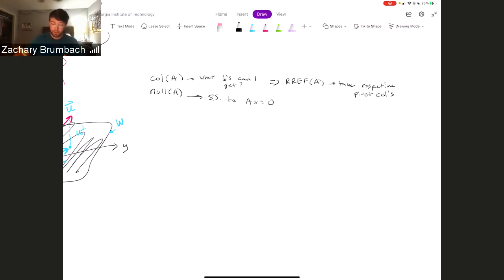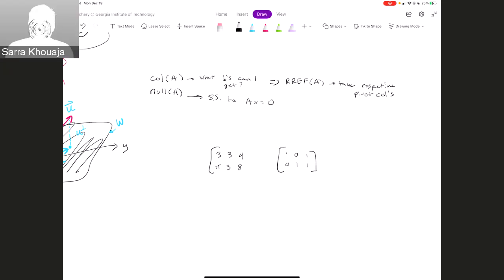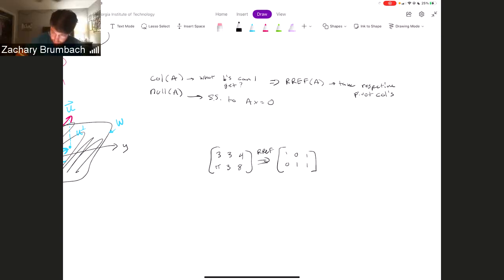So if you have a matrix that looks like this in reduced row echelon form, this tells us we're taking this column and this column, so our basis for the column space of A would be this and this. Not this, because there is no pivot.